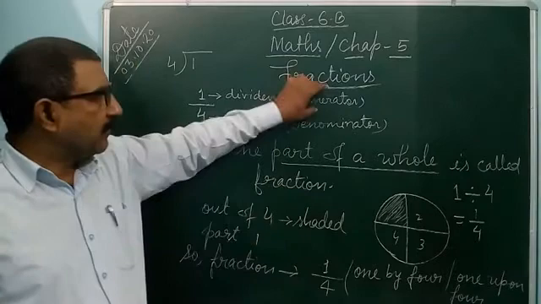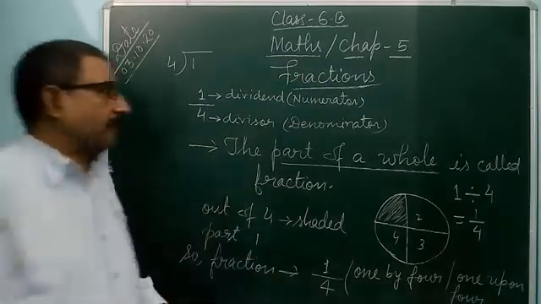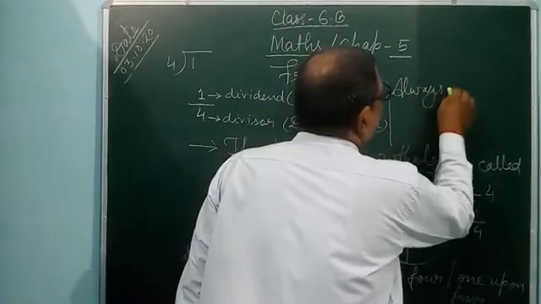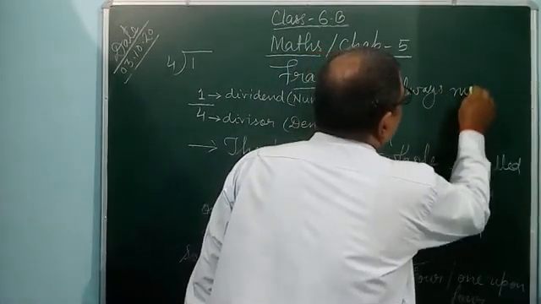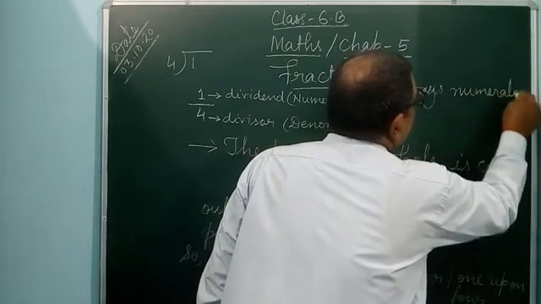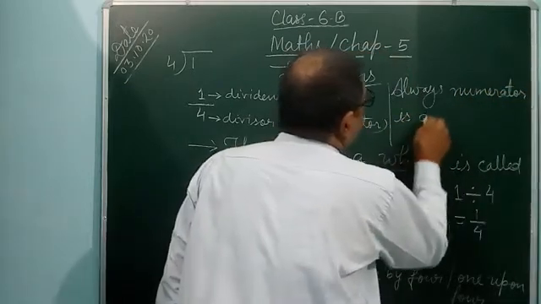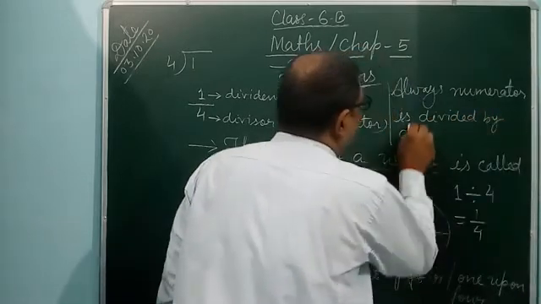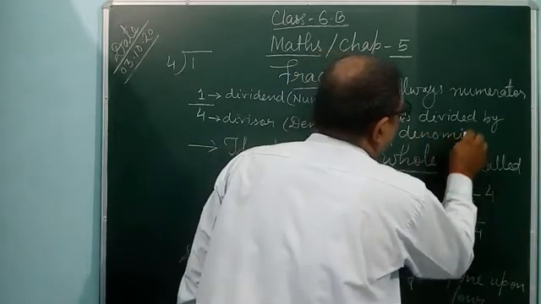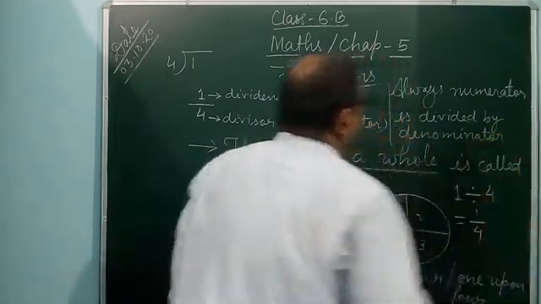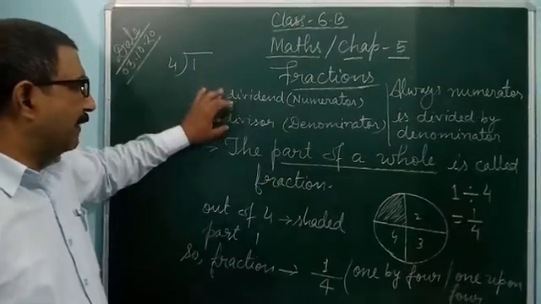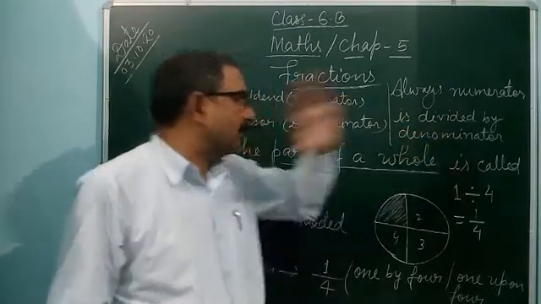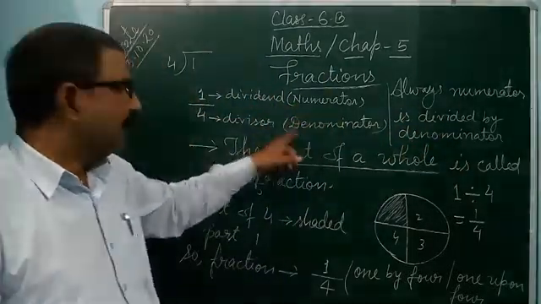So always the numerator is divided by the denominator. It means the dividend is divided by the divisor.